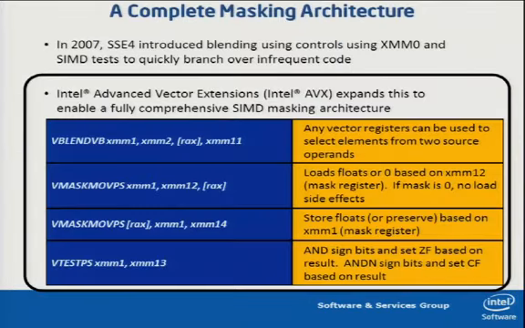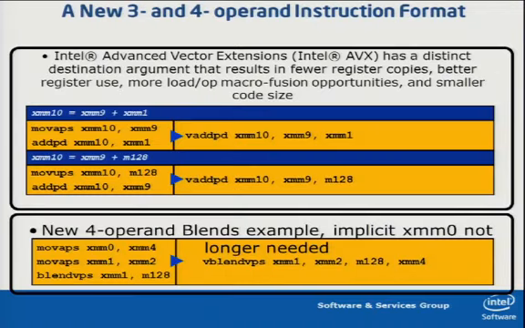Right, so a complete masking architecture. Essentially, I just spoke about that. Yeah, 3 to 4 operand instruction format. This is actually the nicest thing about it, I think, apart from the fact that it's 256 bits. So here is an example that is written in a syntax that accepts 2 arguments.